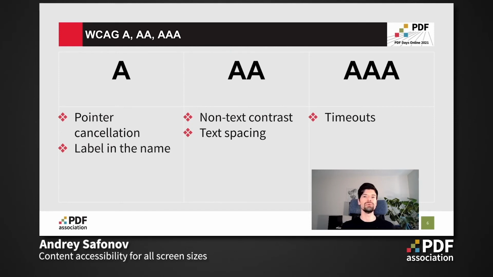Or if we do need a certain time sensitivity on a particular form field, then we want to ensure that that timeout is clearly stated at the beginning of operation, and the user is notified that they have a certain amount of time remaining. For timeouts as well, we want to ensure that the user is notified if there's going to be any data loss if they don't complete the task within a certain time limit.